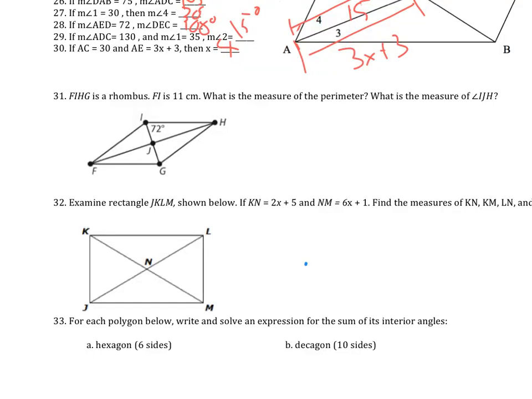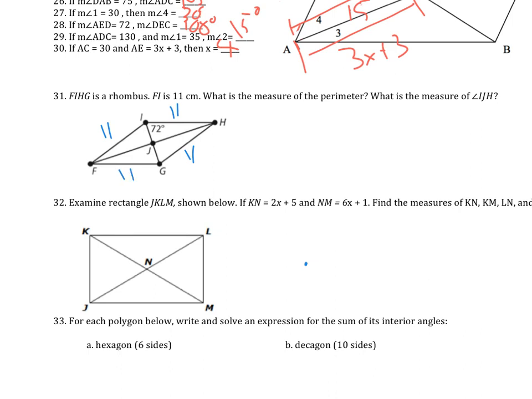Okay, 31. FIHG is a rhombus. FI is 11. What is the measure of the perimeter? And then what is the measure of IJH? Okay, so what are the properties that we know about a rhombus? Rhombus, that all sides are congruent. So if one of them is 11, all of them are 11.